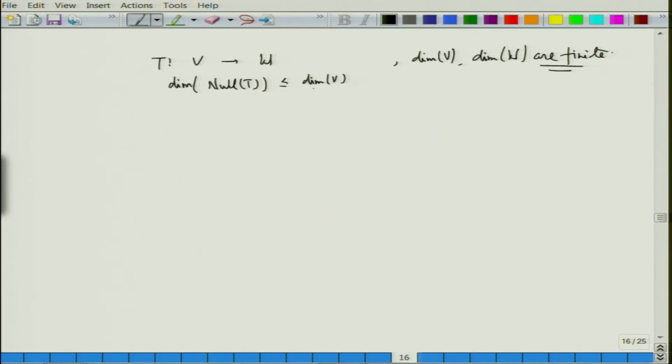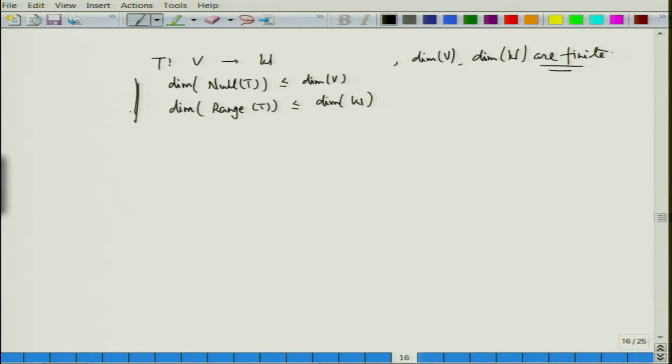The dimension of the null space of T is less than or equal to the dimension of V, and the dimension of the range of T is less than or equal to the dimension of W. I cannot go beyond W anyway, because the images have to be inside the codomain itself.